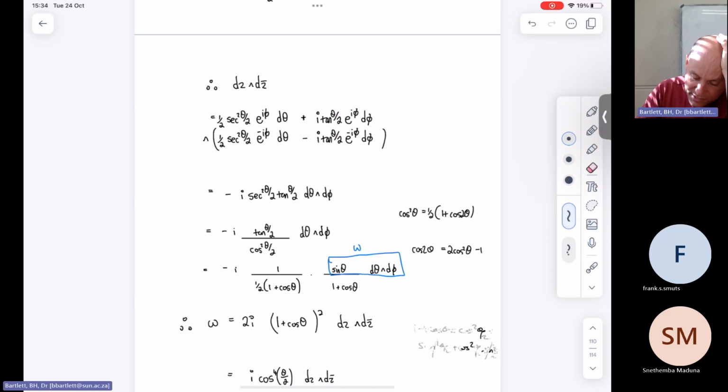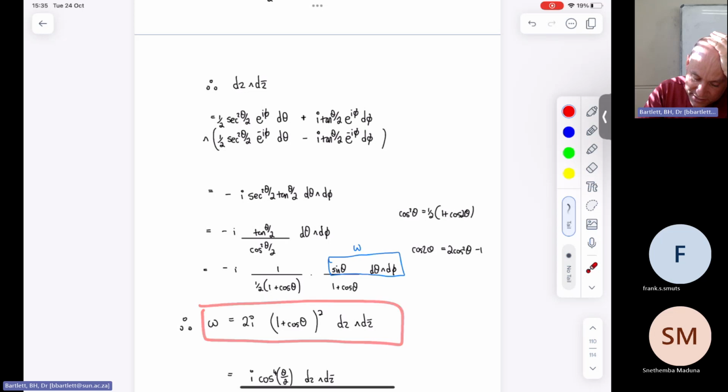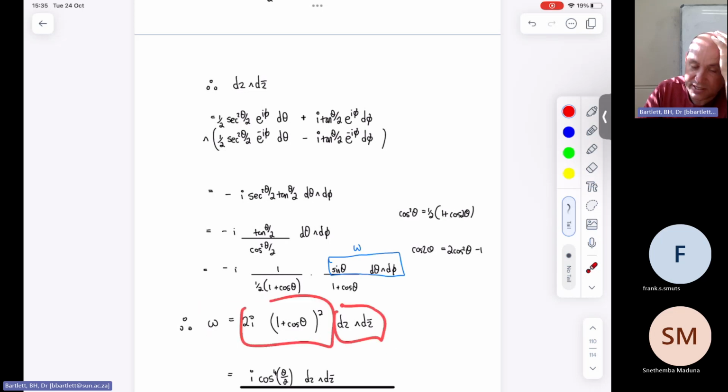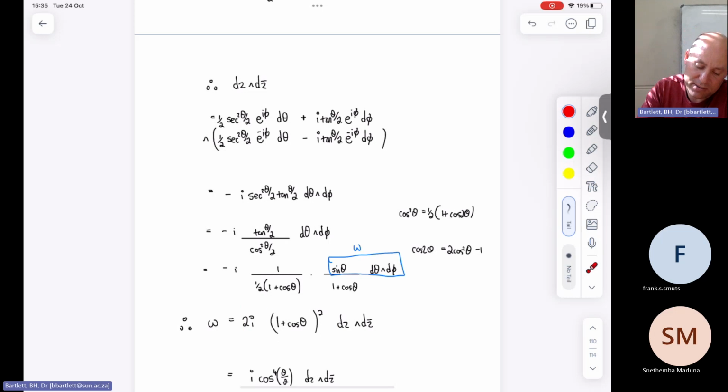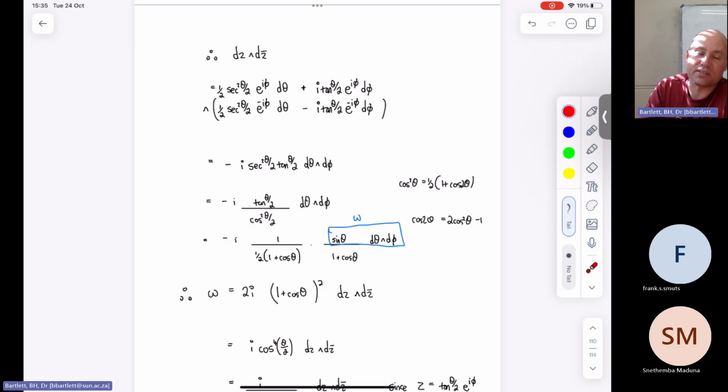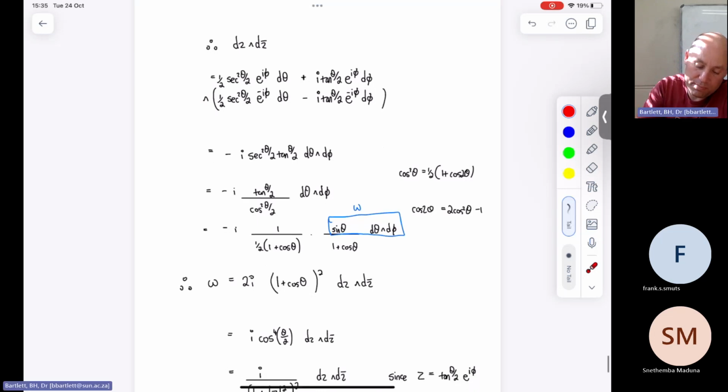So I've expressed my fundamental form in terms of the z coordinates. Well, not quite, but I'm halfway there. I've written my fundamental form as this thing times dz wedge dz bar. And of course, I'd like to write this in terms of z as well, so then I've got it completely expressed in terms of z. Well, by just a little trig manipulation, you can write this as this.